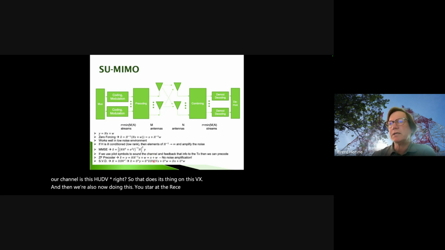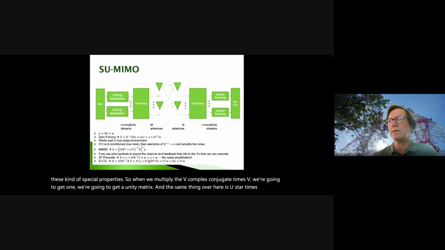These have special properties. When we multiply the V complex conjugate times the V, we're going to get 1, a unity matrix. And the same thing over here: U star times U is going to give us a 1.